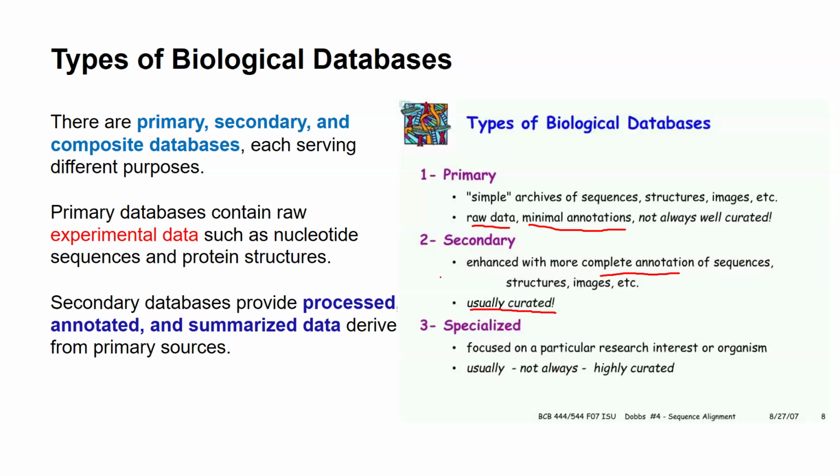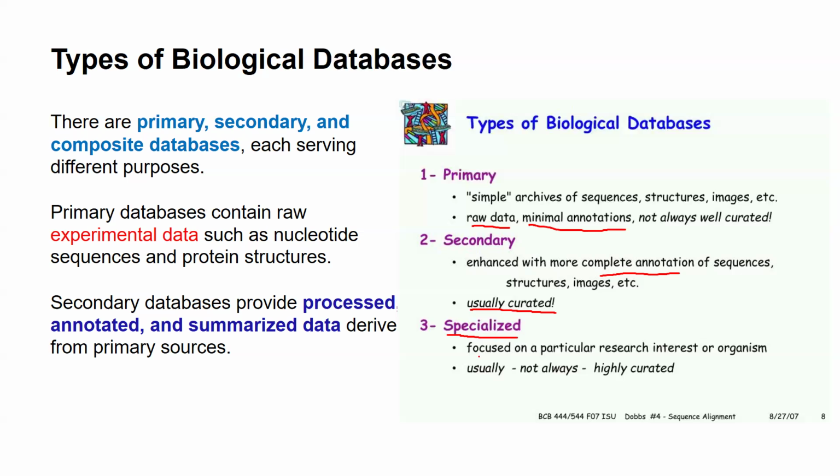And then the next one after the secondary database is the specialized database. A specialized database is a database focused on a particular research interest or organism. Usually it is highly curated.